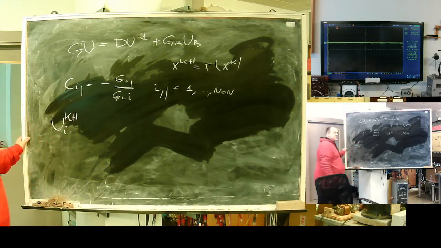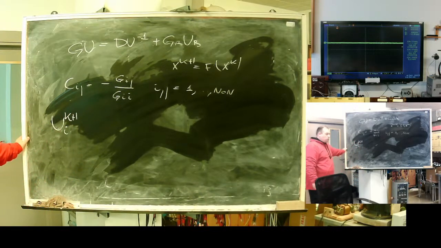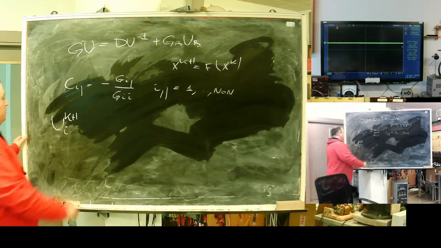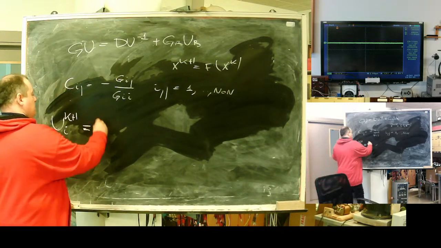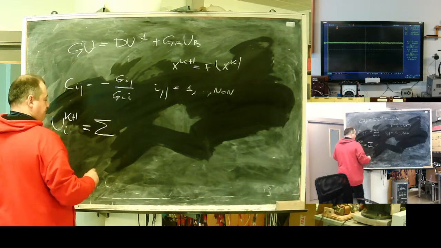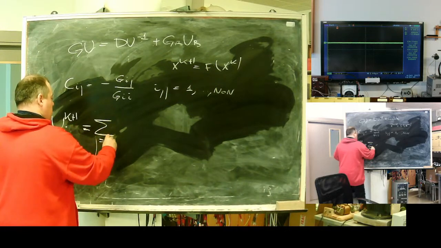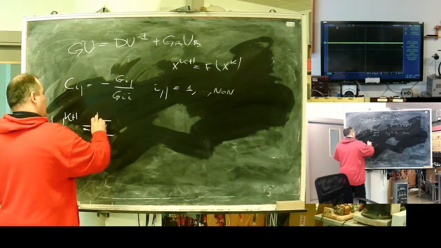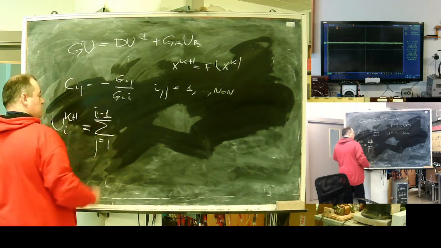the next, more precise, voltage at node i can be found as a sum. It starts from 1 to i minus 1.